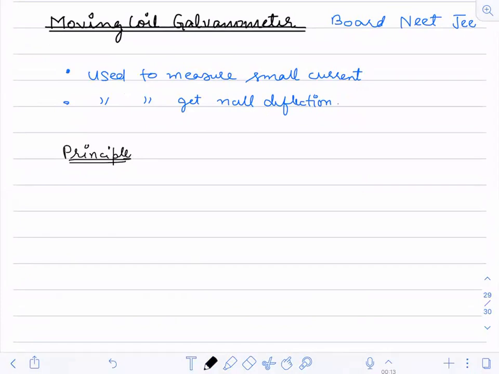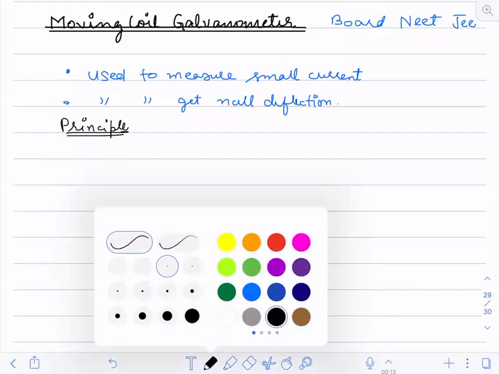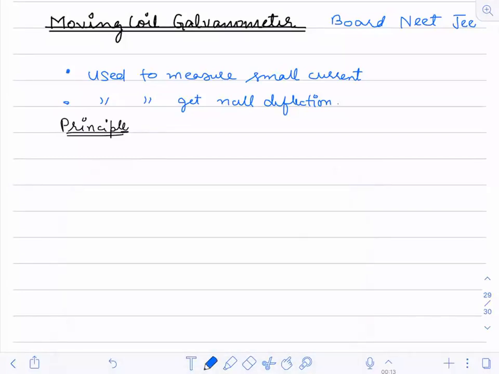Then you will write the principle. Any instrument you get in the exam, you will write its principle. The principle is the most important thing, and you should not forget to write that. So what is the principle of it?